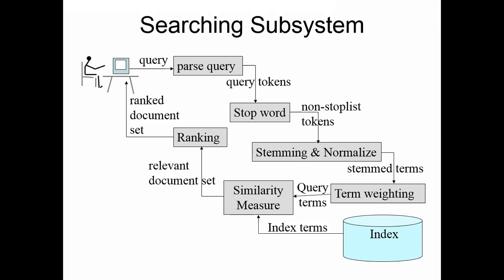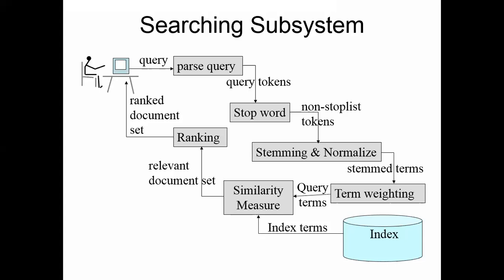Then similarity measurement comes. The similarity measurement is responsible for comparing the query with the documents that are indexed using their index terms. When the similarity measurement is working, it is comparing the query terms against the index terms. To what extent are the index terms of each document similar to the query terms?